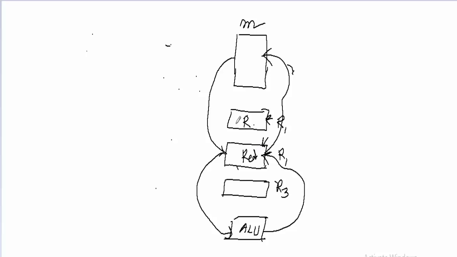Like write here and read from here, R1 to R2, we have to give the control signal to both of those registers at the same time. And this control signal will be given by the control unit.